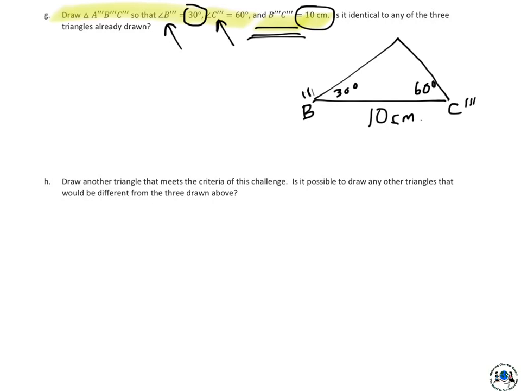If you remember, that was one of the first ones that we did. Is it the first one or the second one that had that? Not exactly sure, I have my papers all strewn about here. Wasn't that in part C? I don't think that's part D, but I think that was part C. Here we have angle B, B triple prime is 30, C triple prime is 60, and A triple prime is going to be 90.